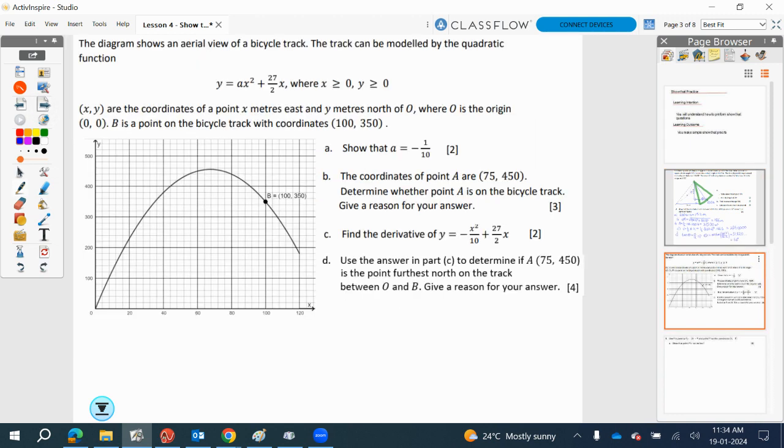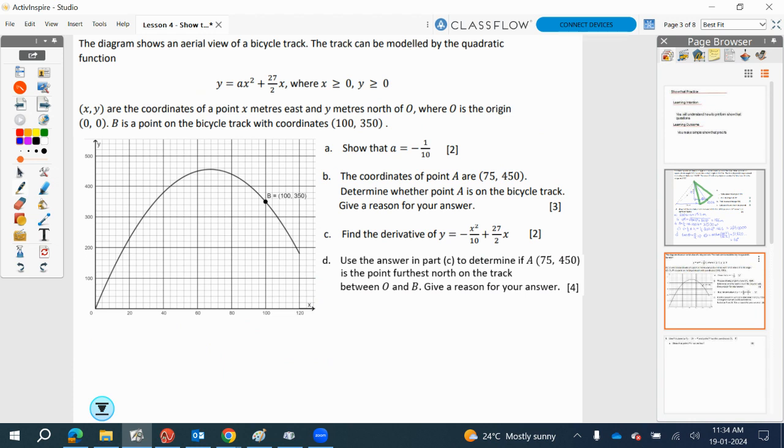All right, that's that question. So a little bit of a look at this question. We've got another show that question. We've got a diagram for a bike track model. We have this formula here. We're given a point on the track at 100, 350, and we need to show that A is minus a half.